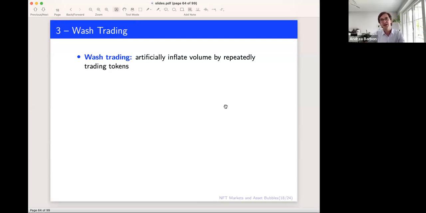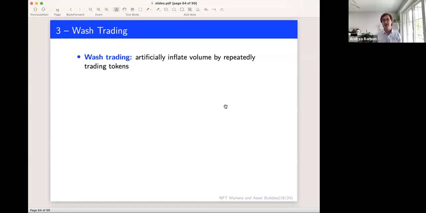And then with the second wallet, I buy it again. And then I can do the reverse transaction. So wallet 1 is buying the NFT from wallet 2, and then I do it again and again. This creates a lot of artificial transactions, and it actually inflates the volume which is recorded on the blockchain. Some people may want to do this in order to inflate the price of an NFT collection. Because of course, more volume attracts attention.